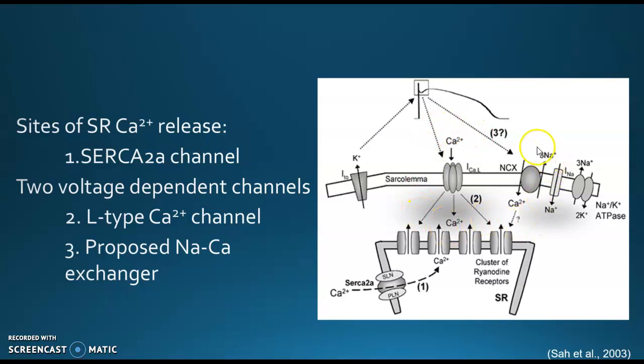And then they also propose these calcium-sodium exchanger sites on the cell that are going to allow more intracellular calcium, as well as, in order to accomplish that excitation-contraction coupling, we have the calcium that is going to be released from our sarcoplasmic reticulum per general muscle contraction.